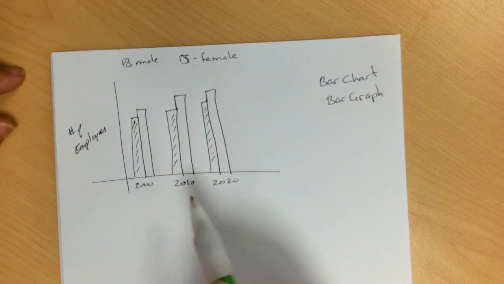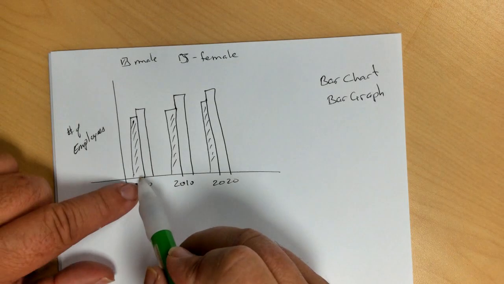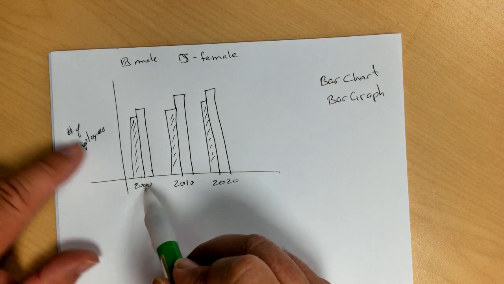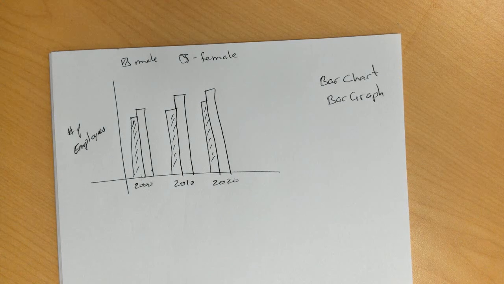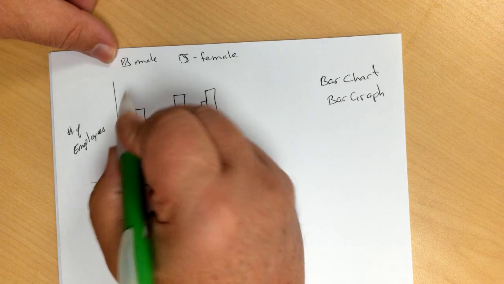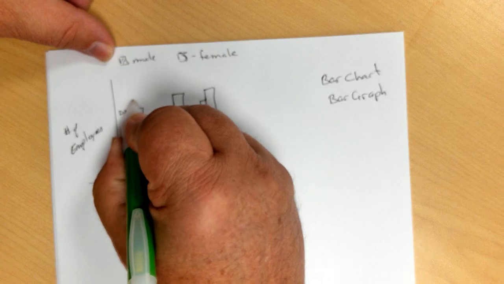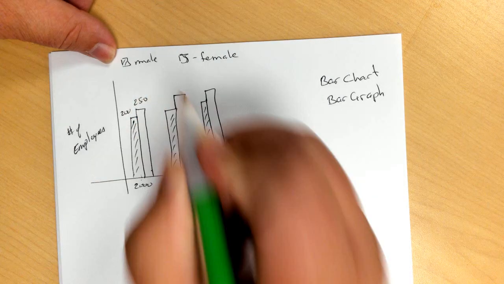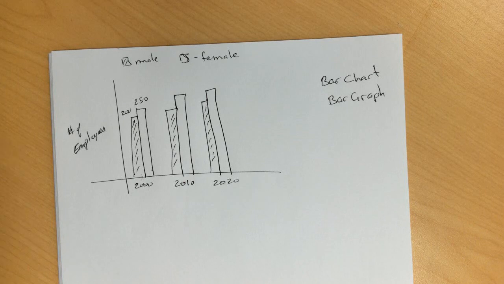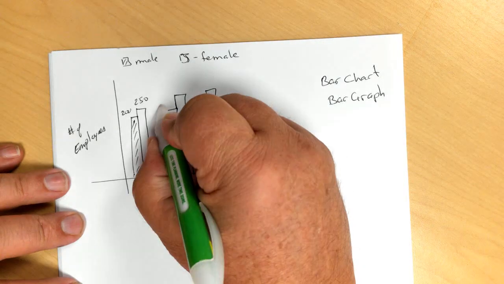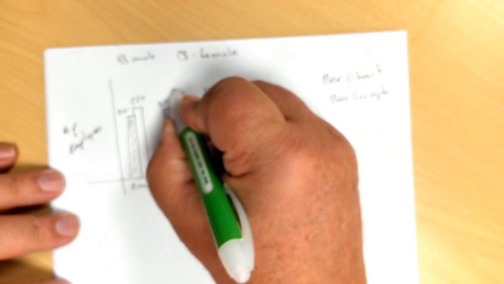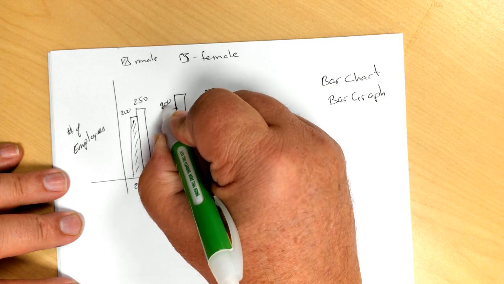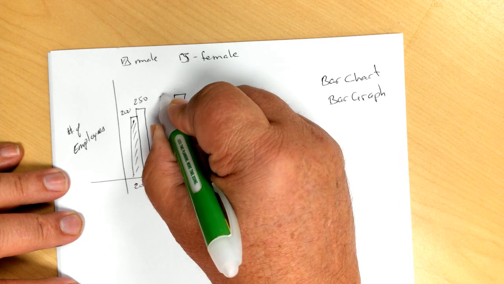So what these bar charts tell us is we have the male and females each year, how many number of employees we have. Or anything, I mean, it can be anything. And on top of these things, you have a specific number that dictates how much there actually is in there. 240.